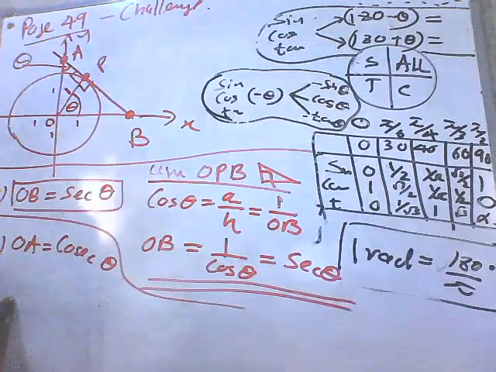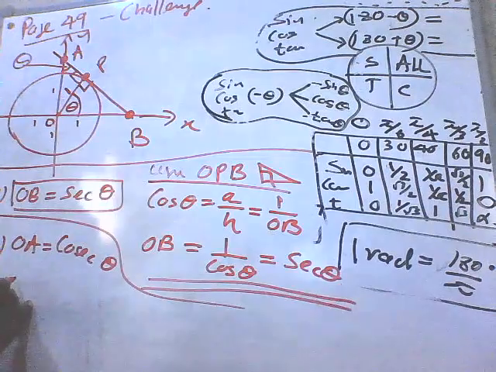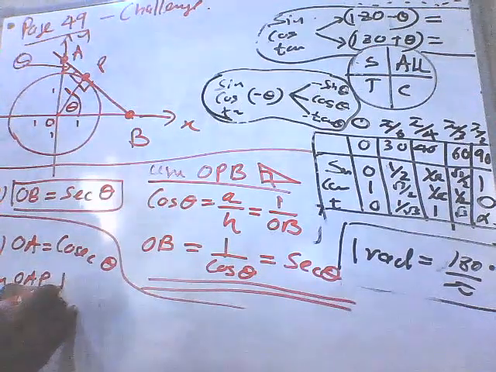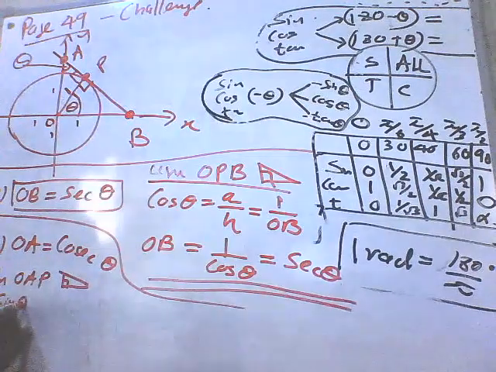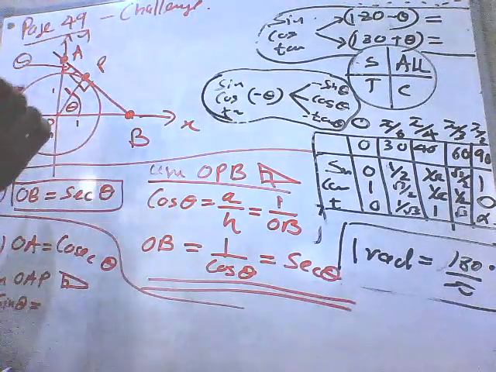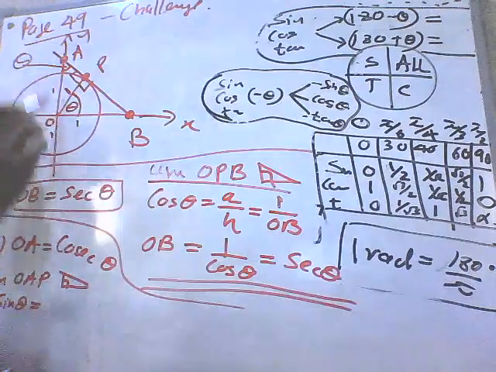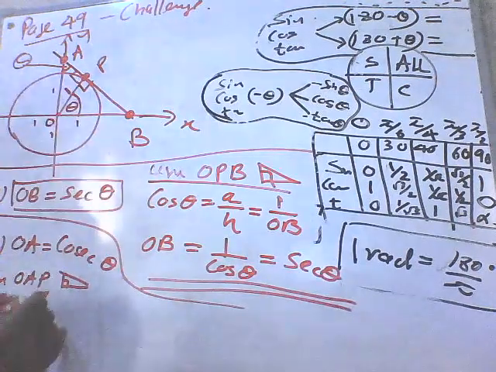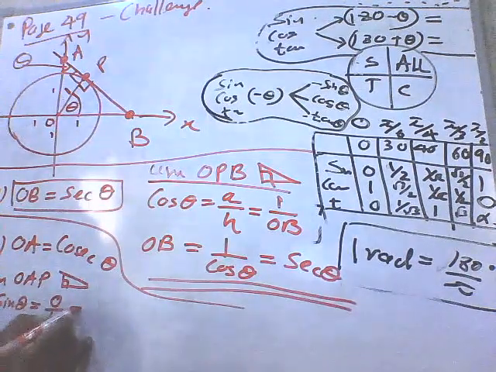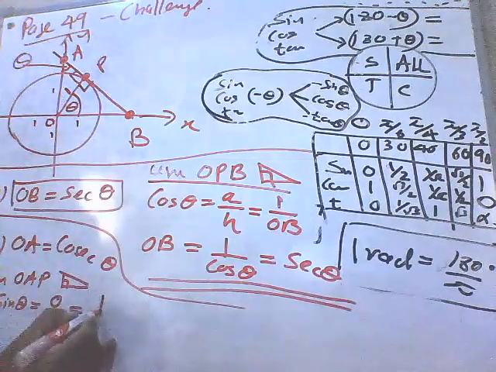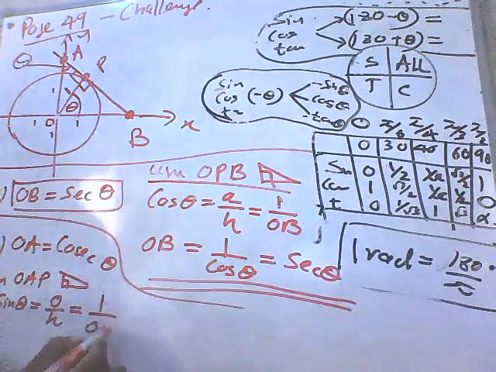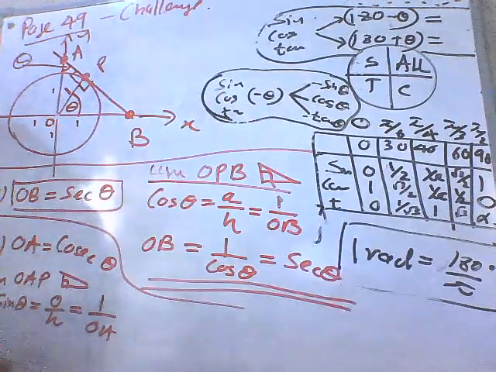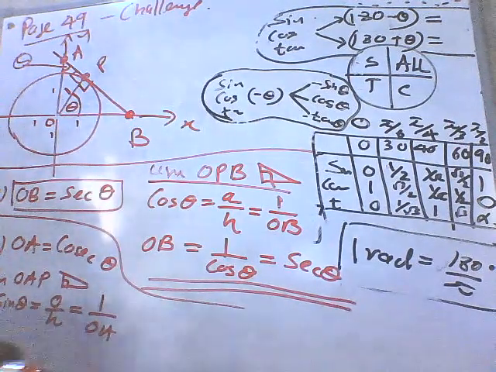So we will write from OAP right angle triangle, sine theta. Since you have marked this theta, sine theta is opposite over hypotenuse, that is opposite is 1, hypotenuse is OA.